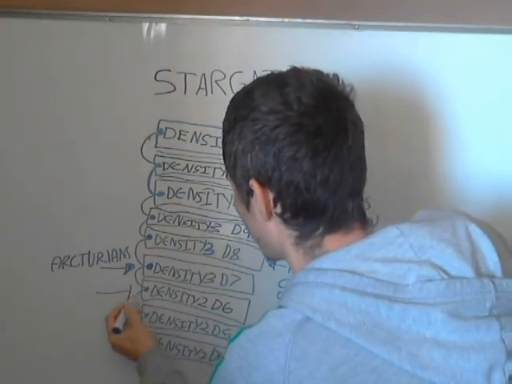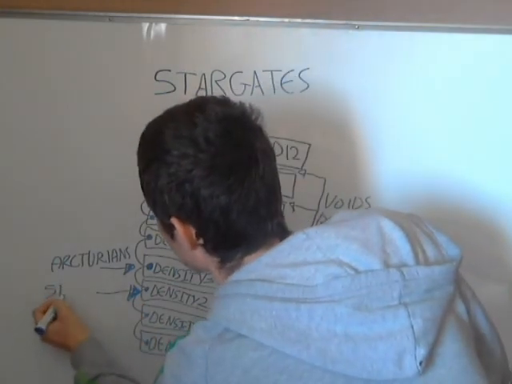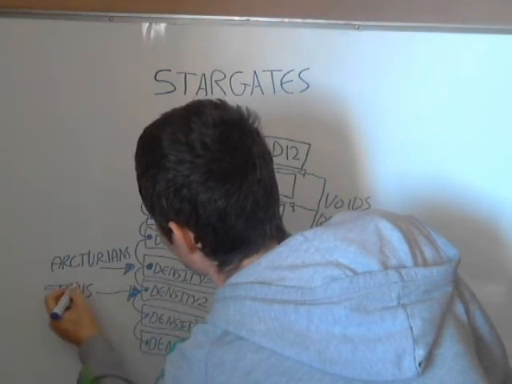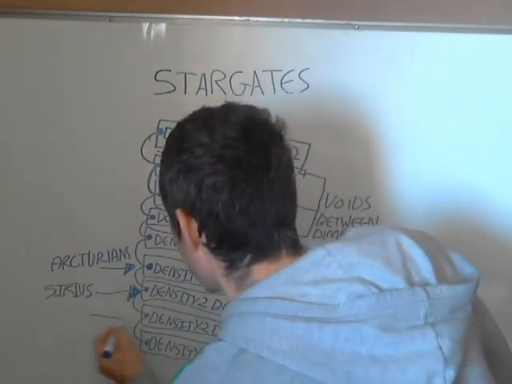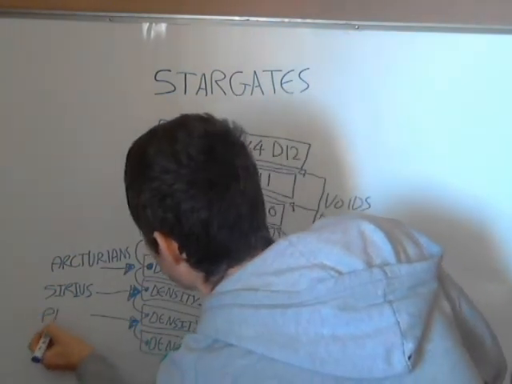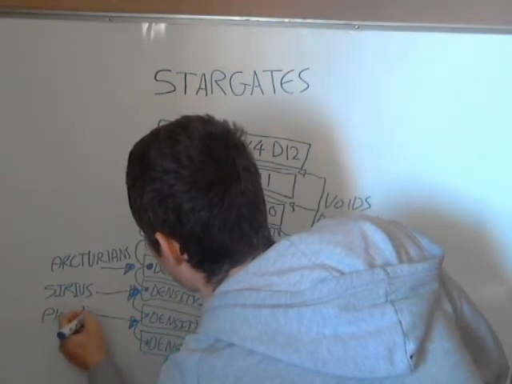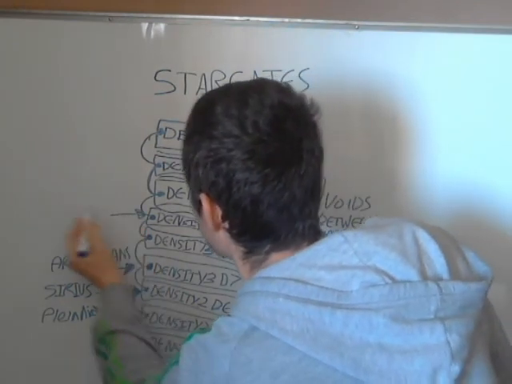D6 is the Sirius Stargate. D5 is the Pleiadian Stargate. D9 is Andromeda.